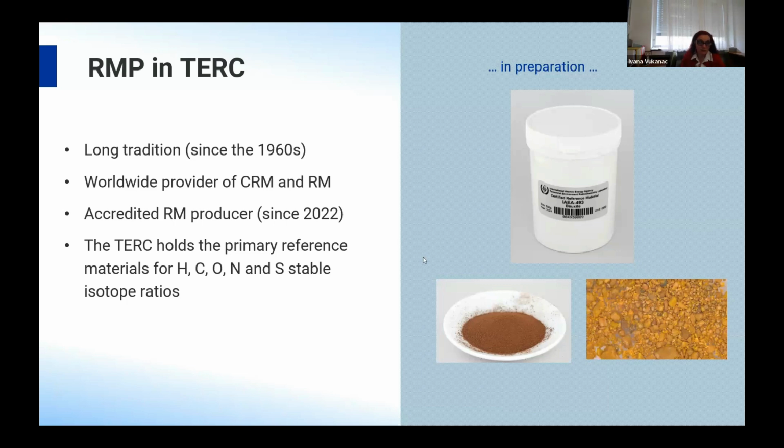What I want to emphasize here is that the laboratory holds the primary reference materials for hydrogen, carbon, oxygen, nitrogen, and sulfur stable isotope ratios. On the right-hand side of the slide, you can see one material which is currently under preparation.